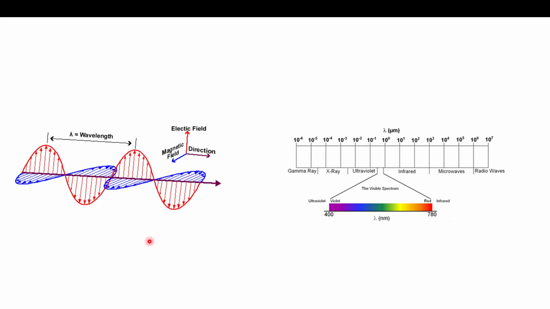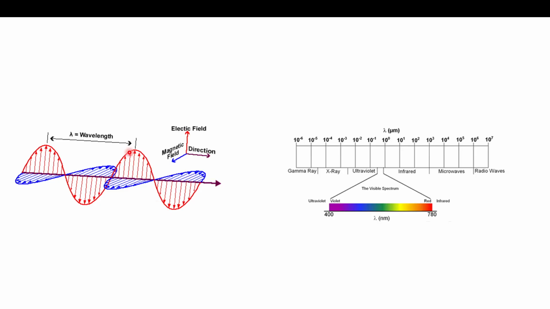In general, electromagnetic radiation has mutually perpendicular electric and magnetic fields, which are perpendicular to the direction of propagation of the wave. The red one is the electric field.